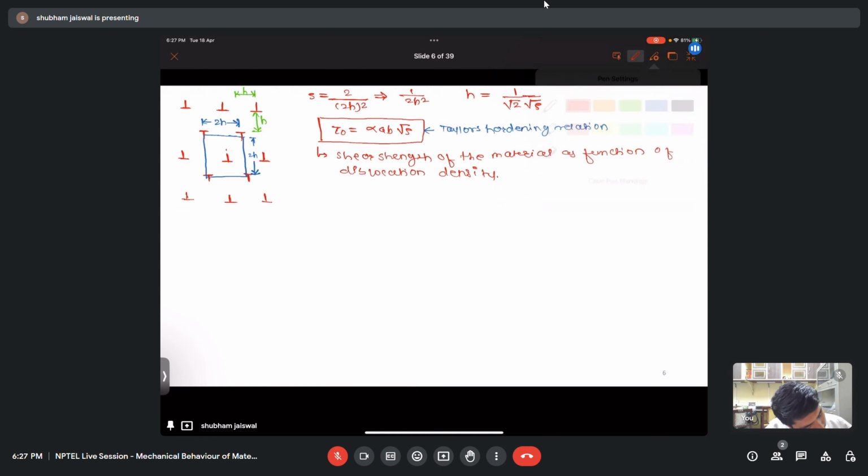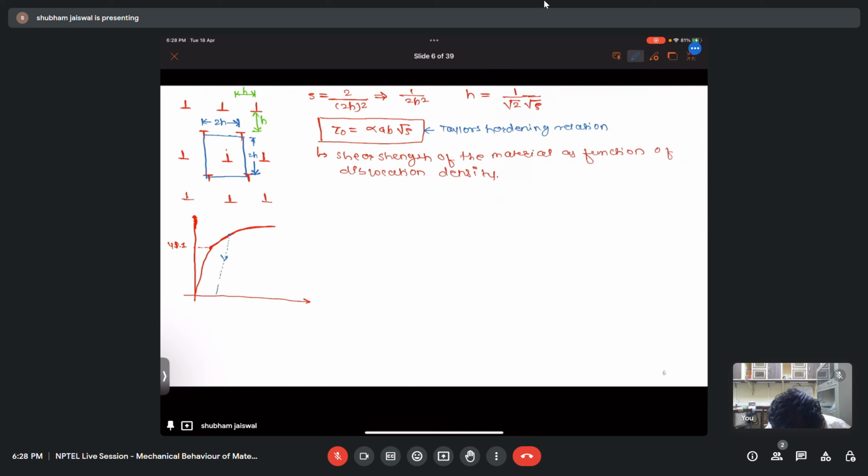So if I plot the graph, let's say I have deformed the material. Let's say this is my yield point 1, meaning this is my yield strength 1. After some deformation, I have released it. Let's say I have deformed it till this point and then unloaded it.